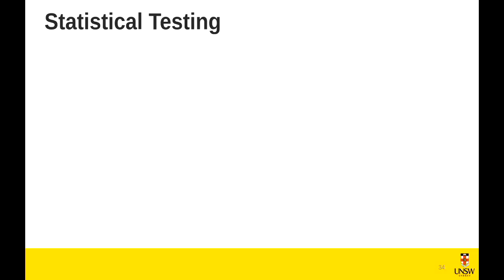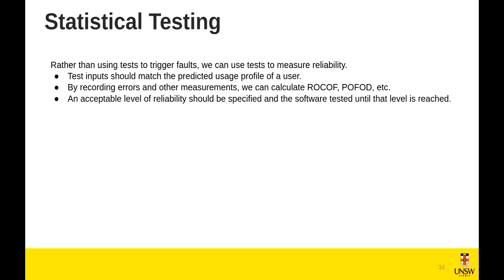So this is actually quite straightforward. Now let's come to one new type of testing here, which is called statistical testing. Rather than using tests to trigger faults, we can use tests to measure reliability, because just now all the metrics or measurements of reliability were things that happen after release. When the user uses the software, some errors or faults may occur, right? So what if we are not releasing the software yet?